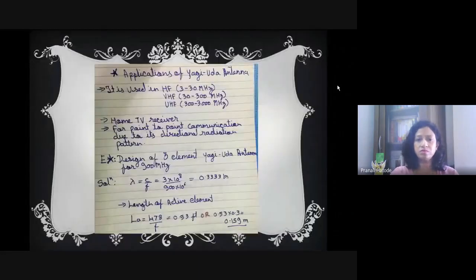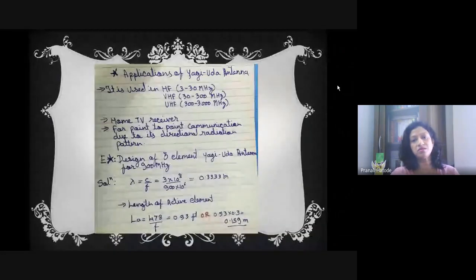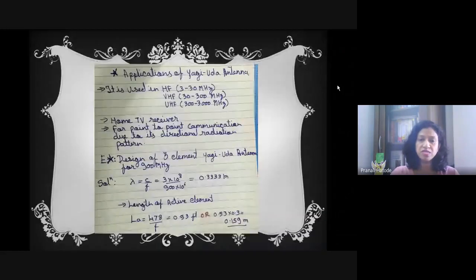Now the applications of the Yagi antenna: it is used for the high frequency range, that is 3 to 30 megahertz, the very high frequency range, that is 30 to 300 megahertz, and the ultra high frequency range, that is 300 to 3000 megahertz. It is used for home TV receivers. Then it is used for point to point communication.